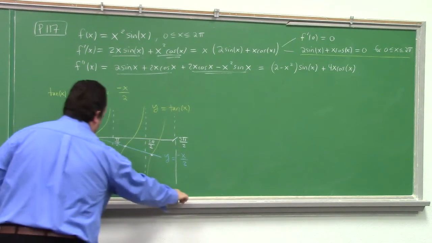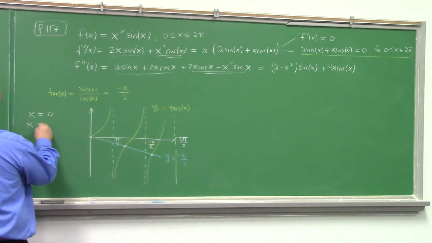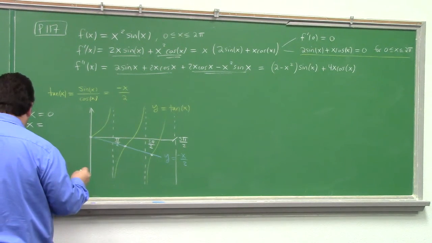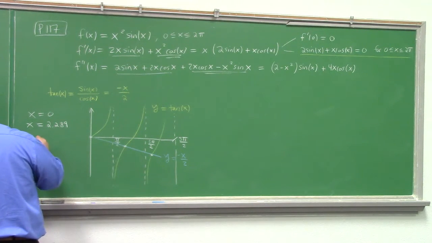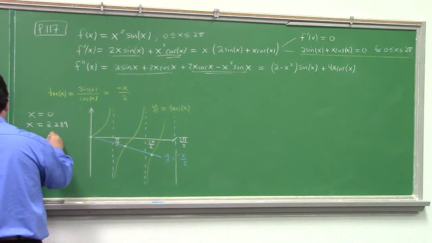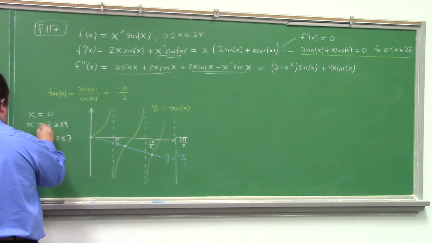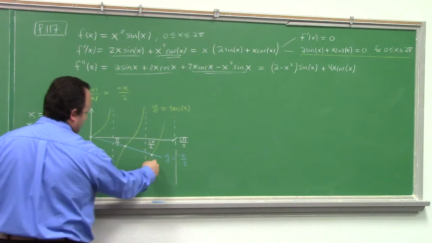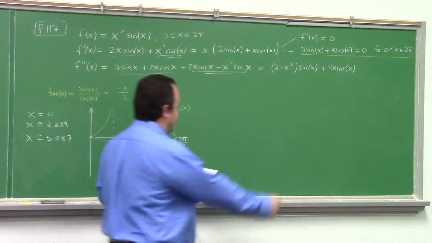And it turns out that we have x equals 0, x equals 2.289, and x equals 5.087, approximately speaking. Those are this one and that one. And so once I have all that, then I can draw the sign chart.